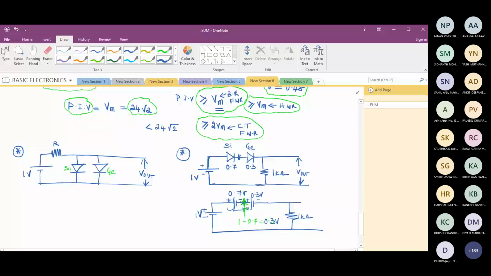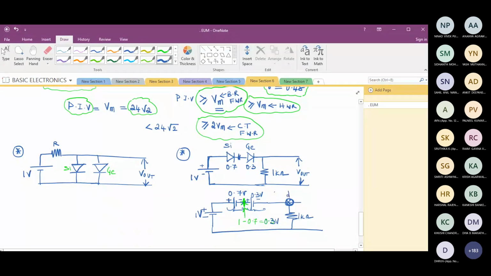So when I reach the final node, that is the output V out, we are going to get 0.3 minus the drop across the germanium diode. How much drop are we going to get? 0.3.